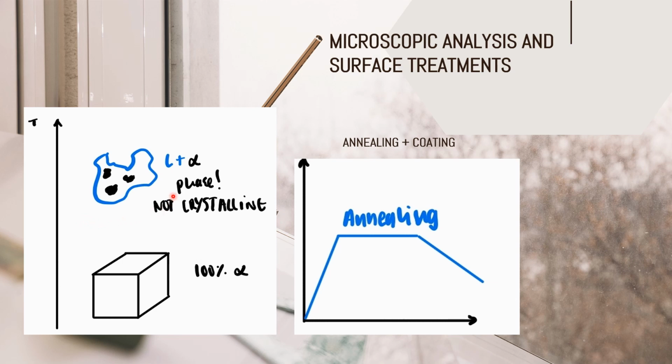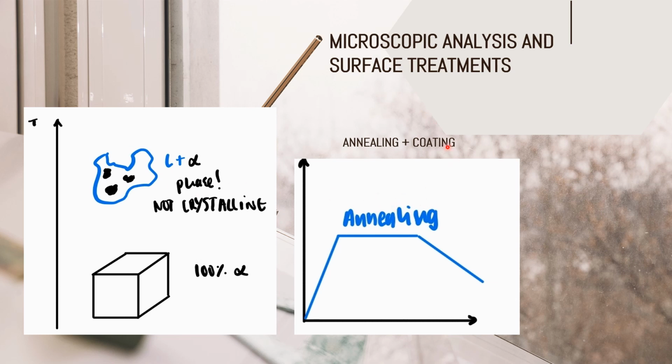Now it's not a crystal anymore because we introduced that liquid phase. So we will have liquid, which is in blue, and some solid particles. And it is not crystalline anymore. If we kept increasing this temperature, we would reach a state in which all the liquid is present, but of course that is not desirable for our applications.